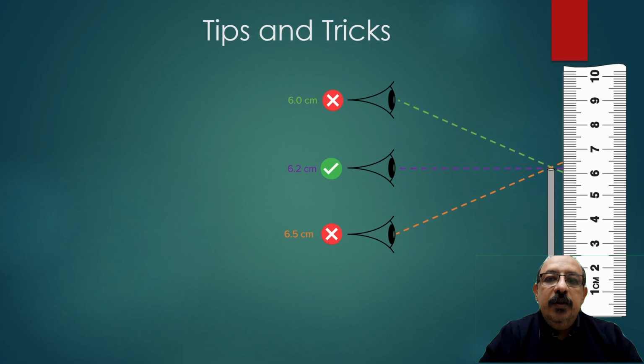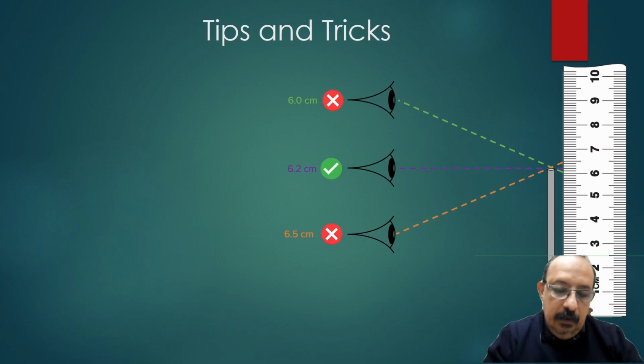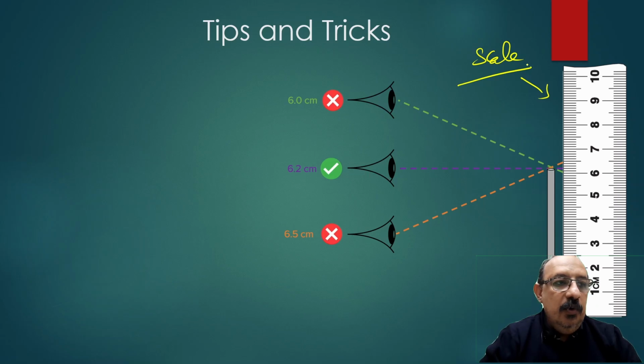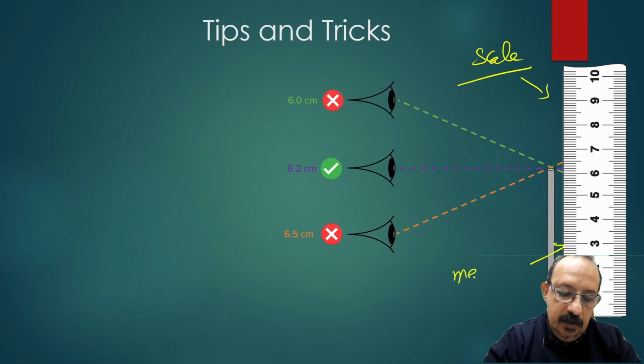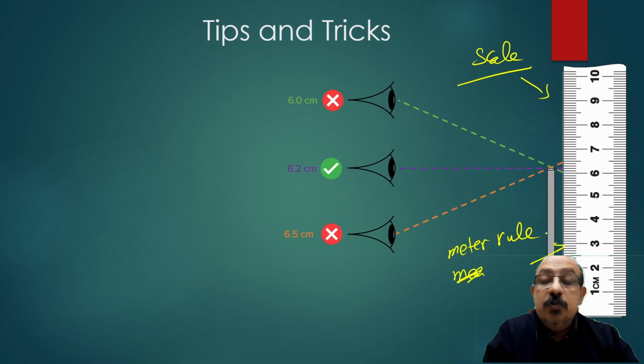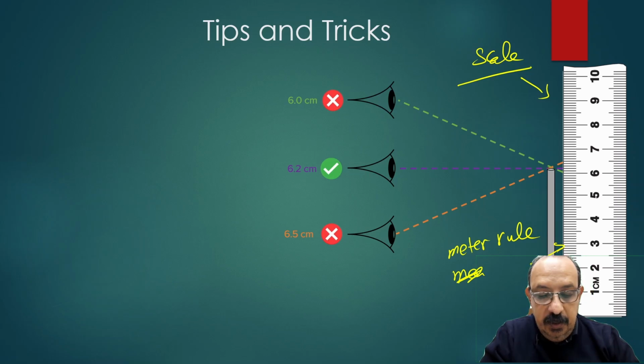You will very frequently encounter using a measurement instrument which has a scale similar to this one. For example, what I am showing here is a meter rule, and most of the time you will encounter measuring a lens or whatsoever using the meter rule.